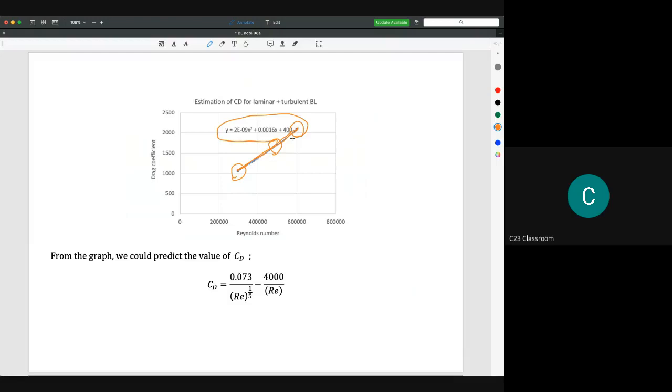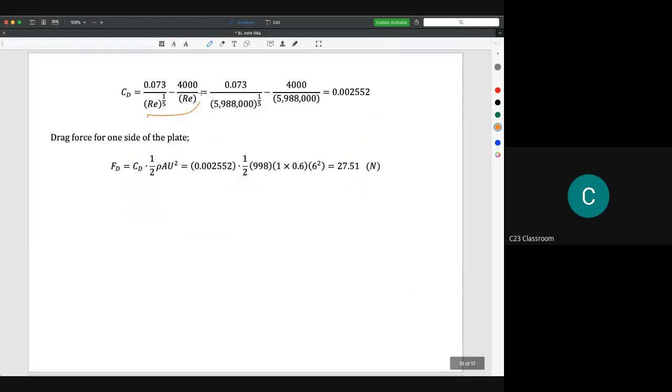So if you substitute the value of x here, which is the Reynolds number, so you substitute Reynolds number as 10 to the power of 6, 1 million Reynolds number, you will get the value of y here. So the value of y is actually around 400 here. I'm sorry, 4,000. So we could calculate the CD here by using this equation.